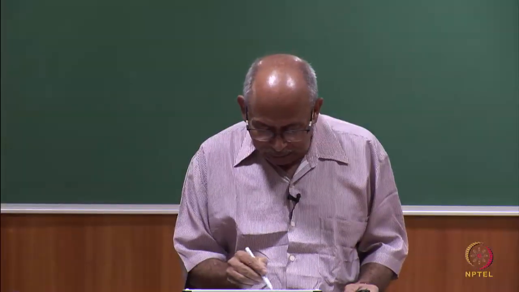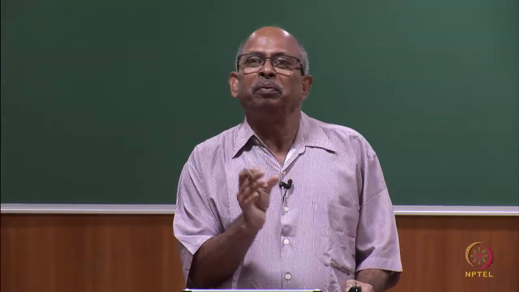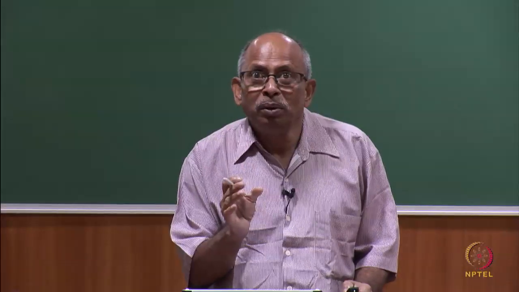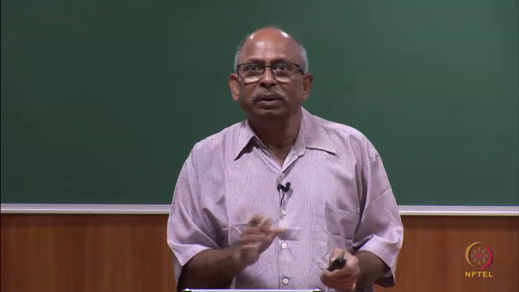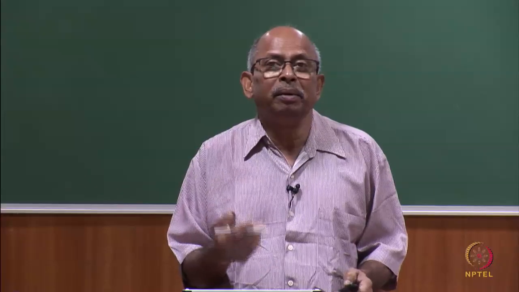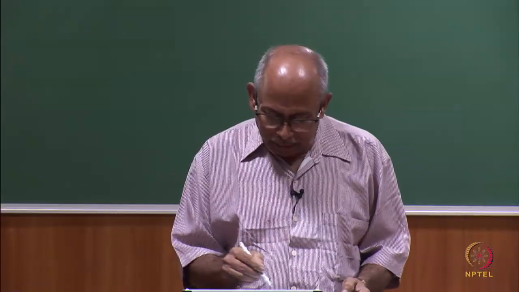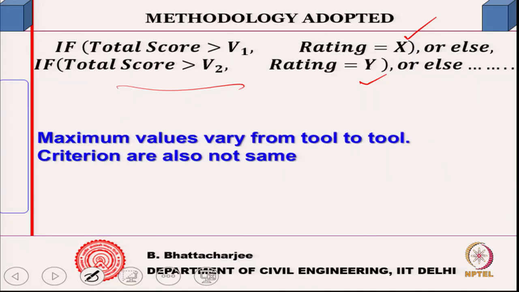So, if the score is greater than V1, the rating is X, or else if it is greater than V2, the rating is Y, and so on. Basically, it is an if-or-else kind of thing. If your total score is greater than a particular value, you get a particular rating, in qualitative terms. That is how most of the tools work.